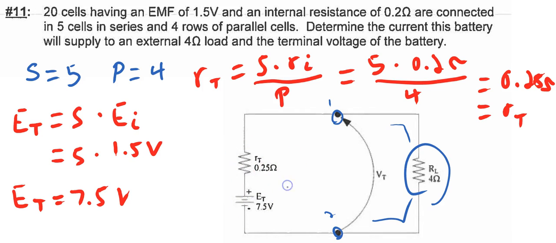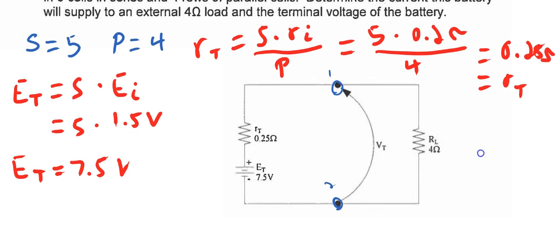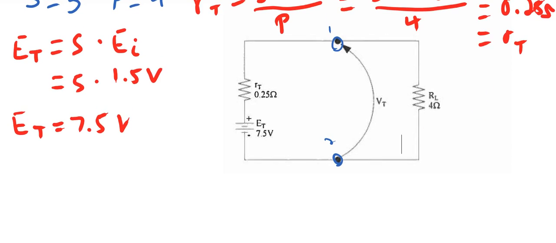Now, we typically want to have a look at that equivalent circuit, and we are asked to calculate the current, which we can call IL, and the terminal voltage of the battery, which you might note is equal to the voltage drop produced across the load.